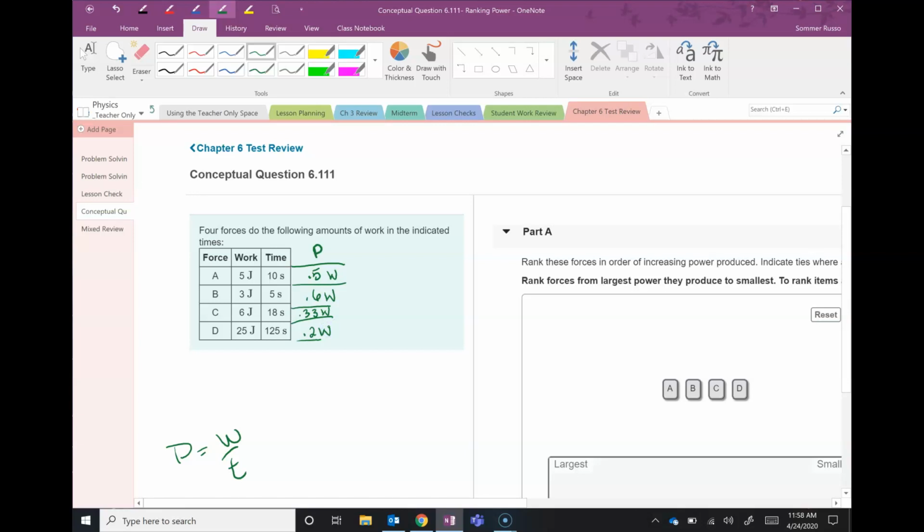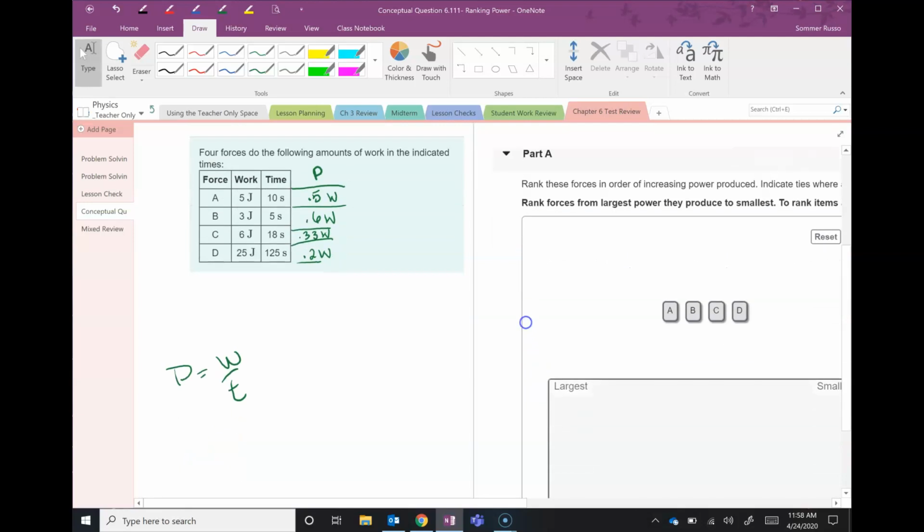So we're ranking these from largest to smallest. So the largest one is going to go over here, and the largest number is B. So we're going to start with B. Right? The next largest one is A, followed by C and D. There were no two that were equal, so you would not have overlapped them.